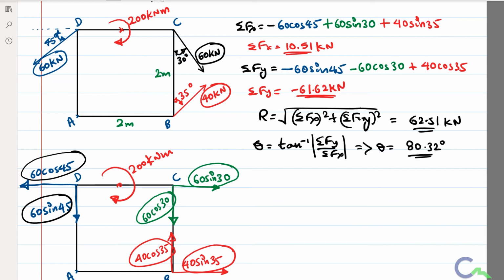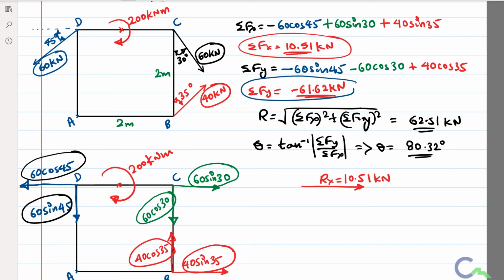Once I get Rx, Ry, theta and the R value, I can draw the resultant. The horizontal component of the resultant we got is plus, therefore Rx is acting in positive direction, 10.51 kilonewton. The vertical component of the resultant we got is minus, acting downward, therefore Ry is equal to minus 61.62.